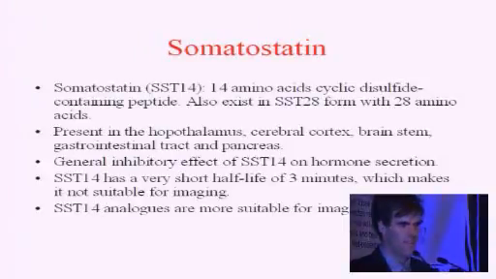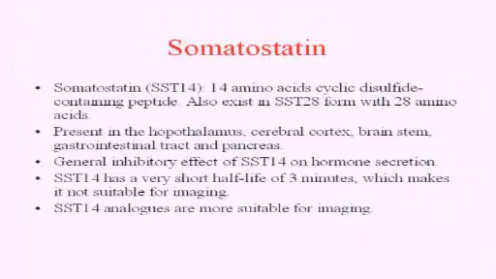It is known as the generalized inhibitory hormone, and what is characteristic of somatostatin is that it has a very short half-life in the plasma of 3 minutes. So somatostatin is not a suitable agent for imaging because of the very short plasma half-life.